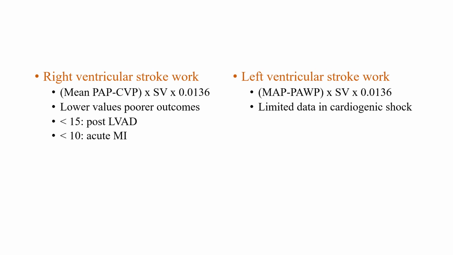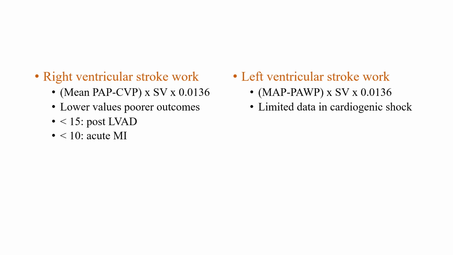Next is right ventricular and left ventricular stroke work. Stroke work is how much pressure against which the RV has to pump. It is mean pulmonary artery pressure minus CVP, times stroke volume, times 0.0136. That is the pressure generated by the RV.